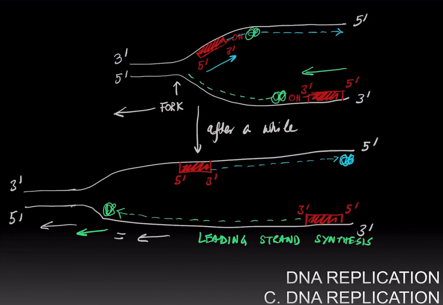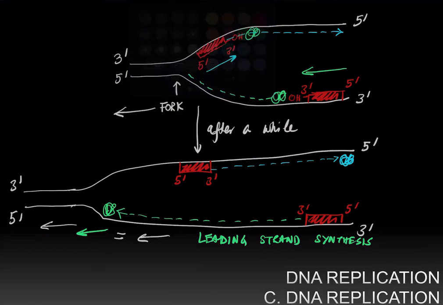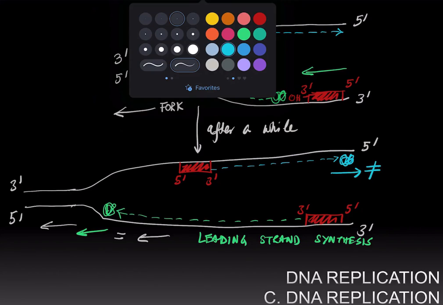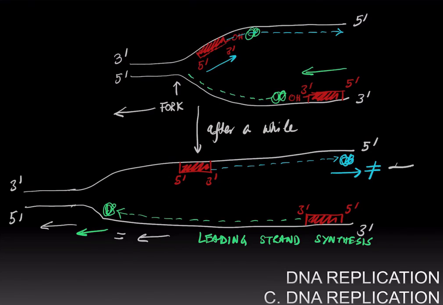The daughter strand that's being copied from the template strand on the top, however, does not work like that, since the polymerase is moving to the right, which is the opposite of the direction in which the replication fork is moving.